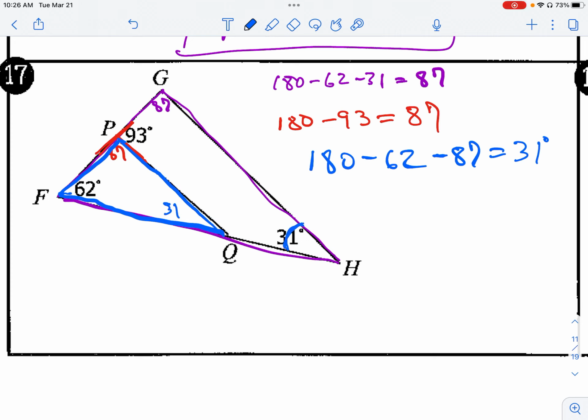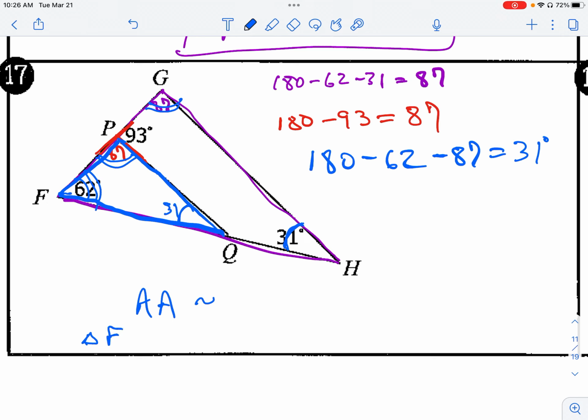So this is the same as this one right here. This is the same as this one right here. And of course, 62 is in both triangles. We have angle similarity. So let's write our similarity statement. And we're going to start with the small one.